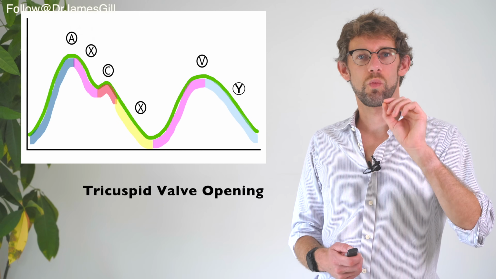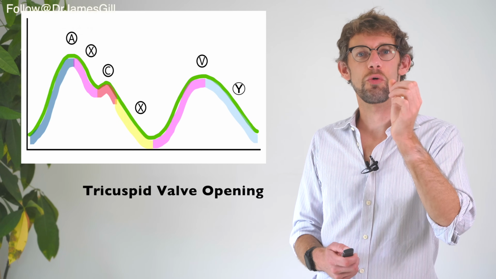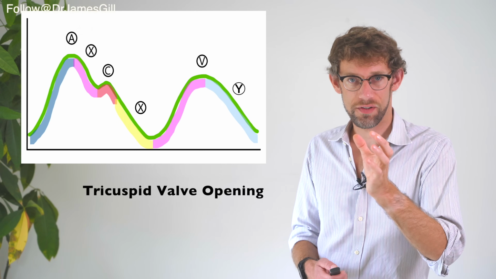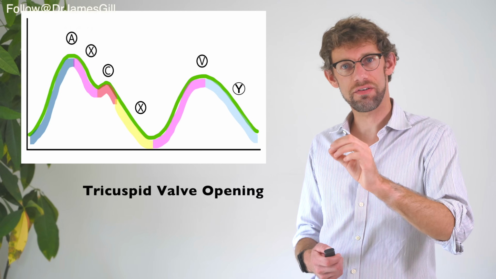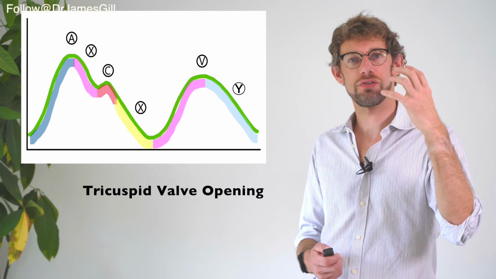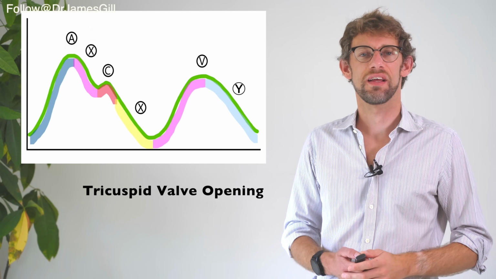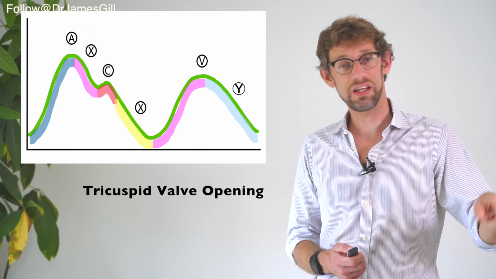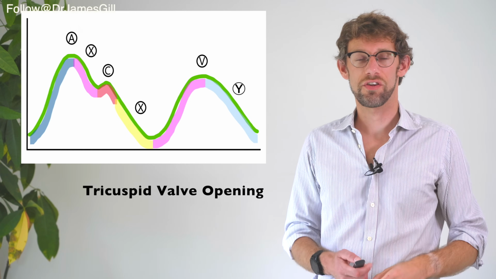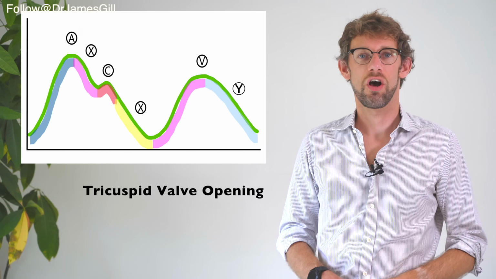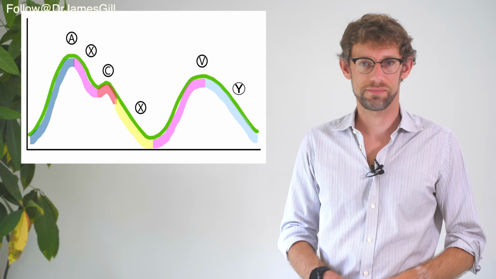At the end of the Y wave, the valve is opening. So we have to have a brief decrease in pressure before the atria itself will begin to force it through considerably. Hopefully that makes sense. And with each pulsation of the heart, we'll rinse and repeat along that same pathway.